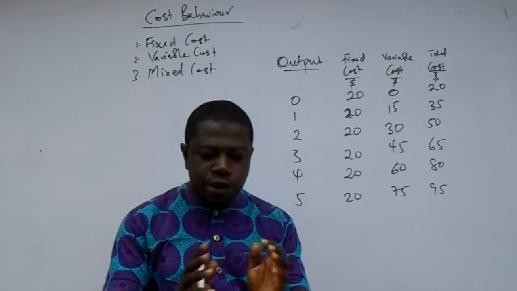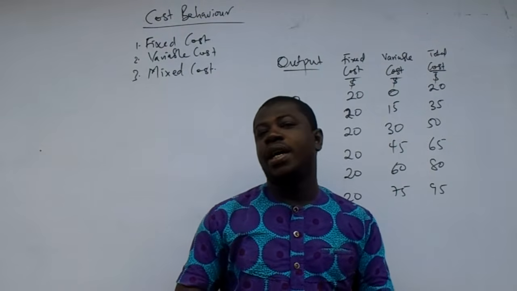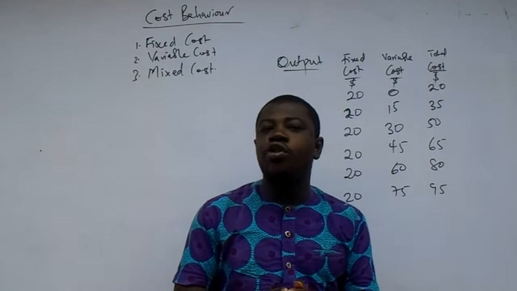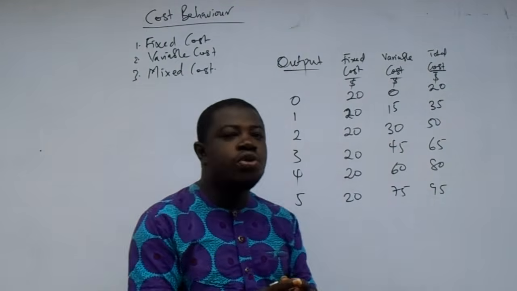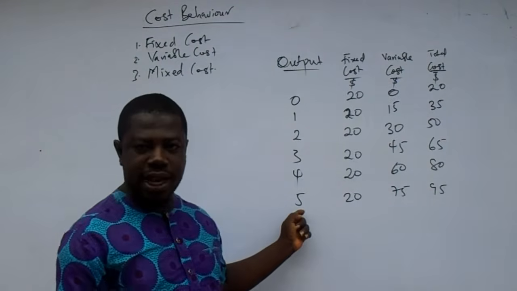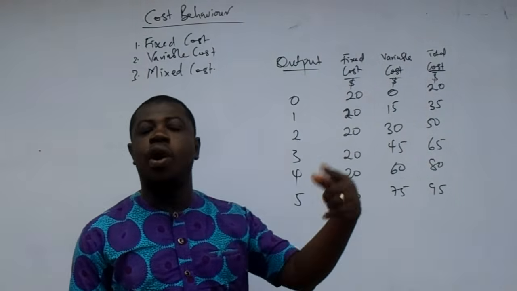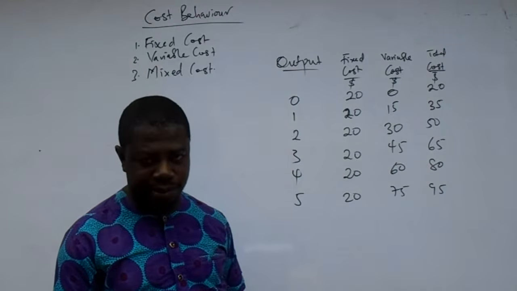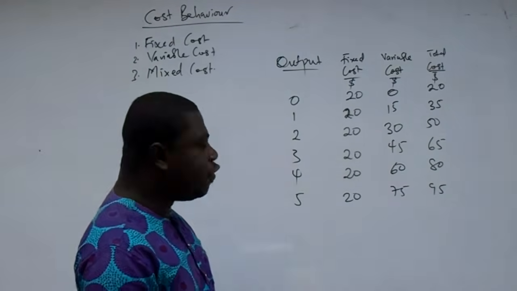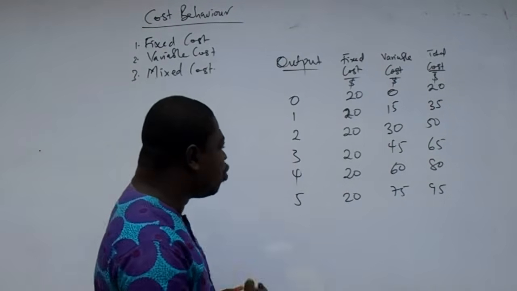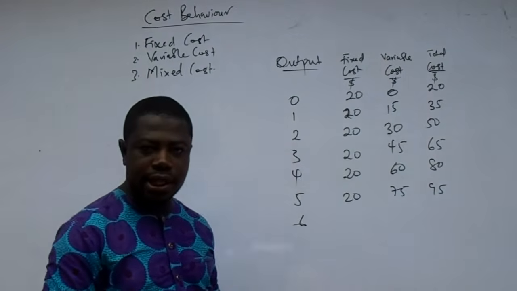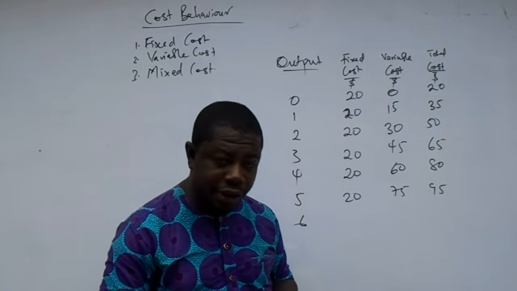Let's assume that the room that they have rented is such that it can only produce and store 5 units, and any extra units that they will want to produce, they will have to rent a new room or new apartment. And so if this organization decides to produce 6 units of the product, listen very carefully.